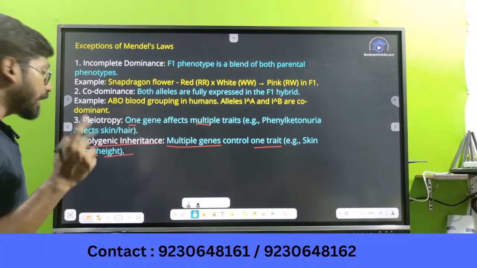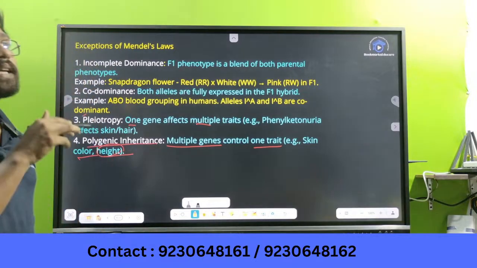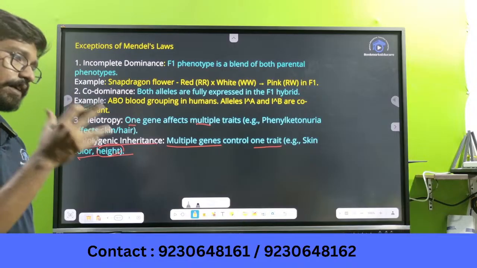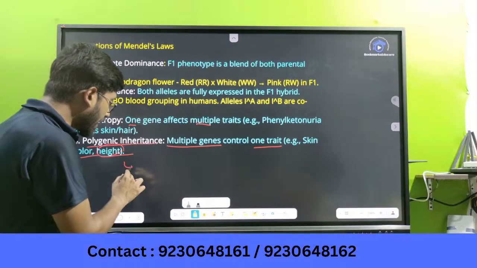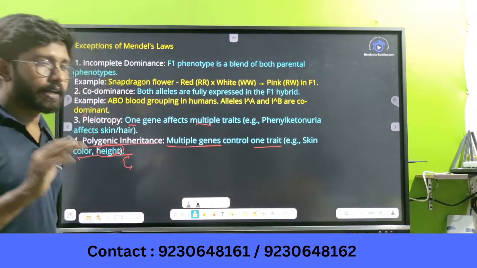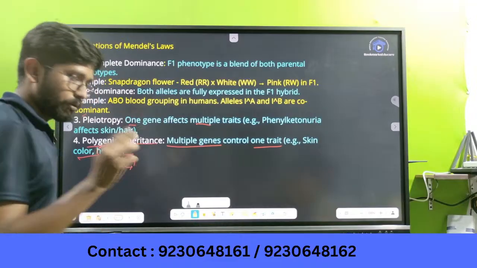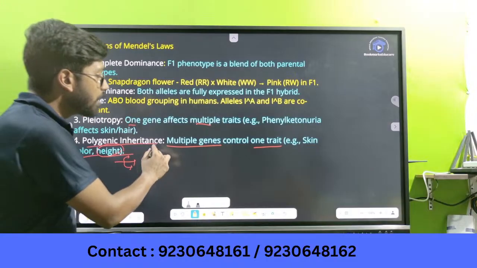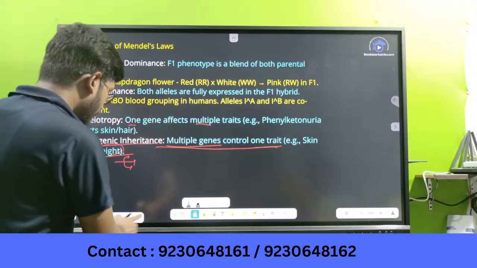That's why I said human is a bit complex, because height and skin color are determined by some proteins, but those proteins are affected by multiple different factors, which you will learn in much higher classes if you continue to study biology. But what you have to remember for your class is multiple genes control one trait, right? Let's move on.